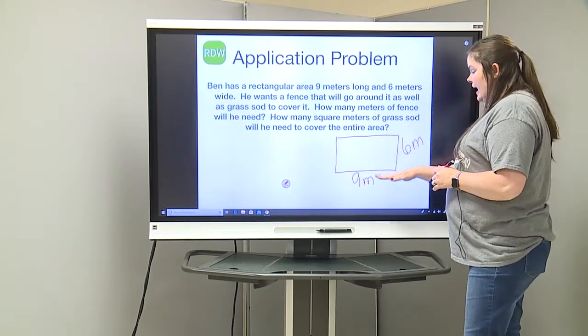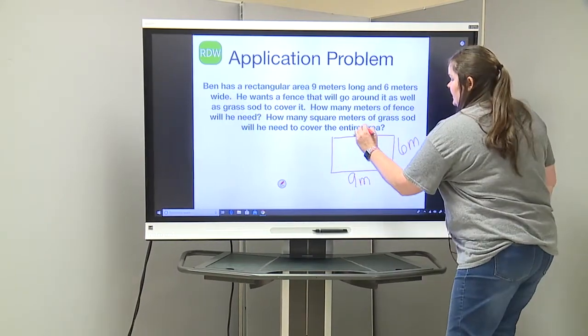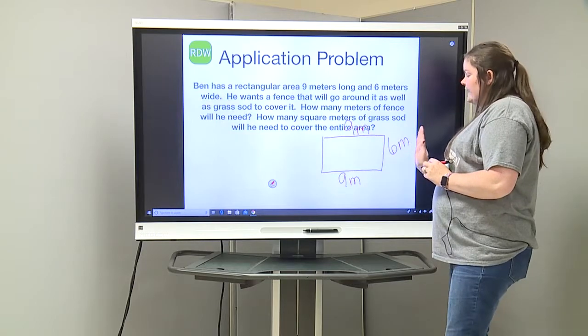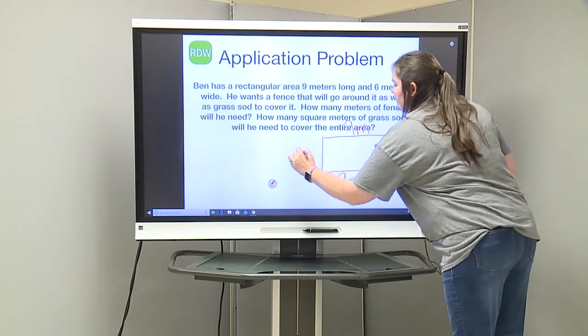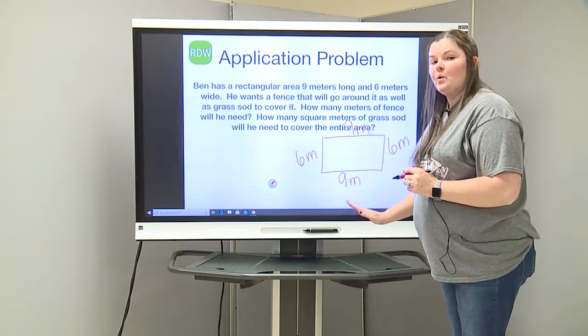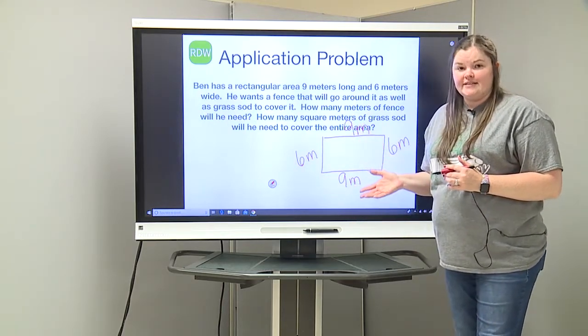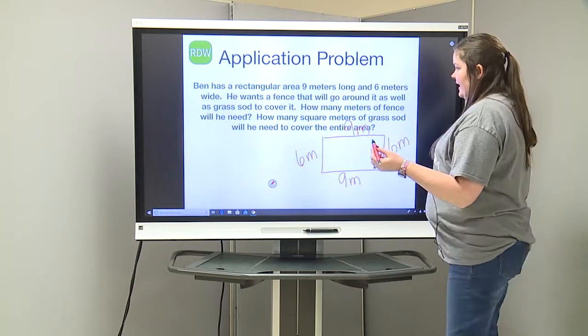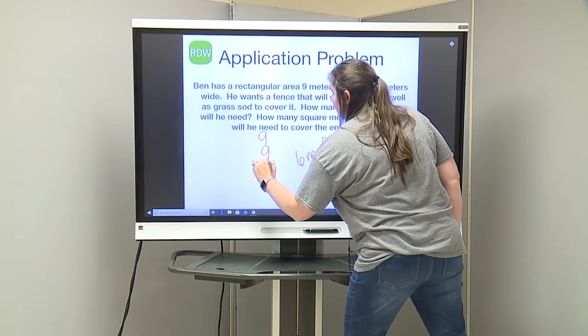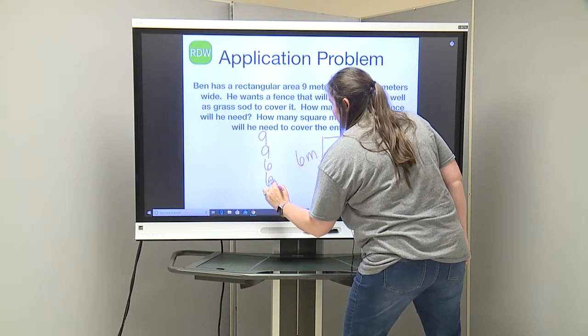So if the bottom is 9 meters, the top is also 9 meters. I'm just going to put that over the words there. If one side is 6 meters, the other side is also 6 meters. So now I have 4 numbers that I'm going to have to add up. So to the side, I'm going to add those numbers up. I'm going to have 9, 9, 6, and 6.